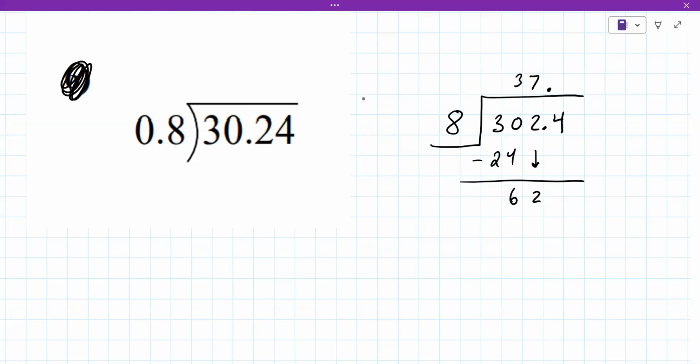Very good. 7 times 8 is 56. Subtract. That's going to be 4. 64 can go in 7 times again. More than that. Wait, 8 times? Yeah, it's 8 times.